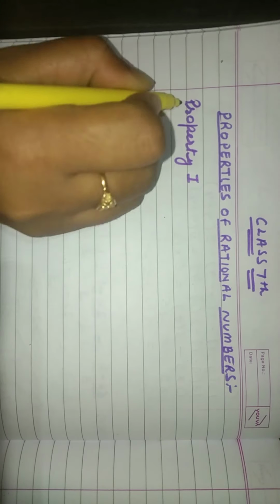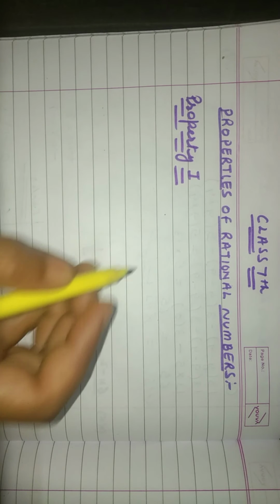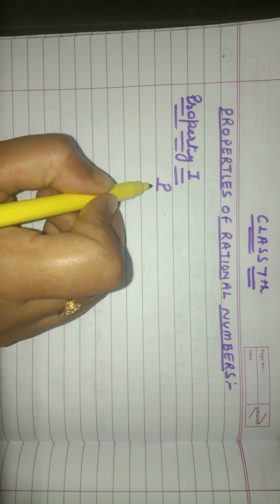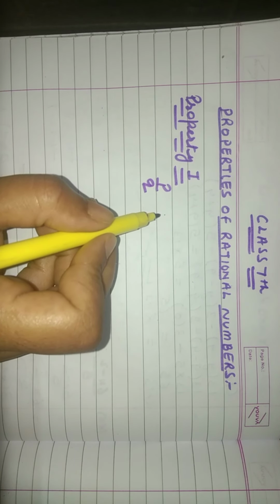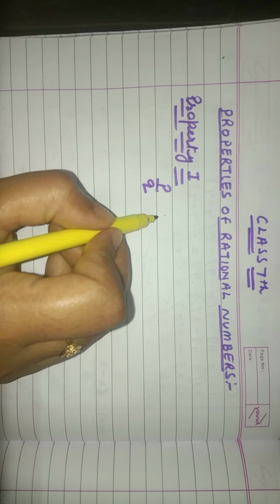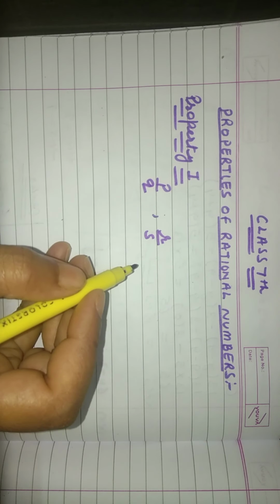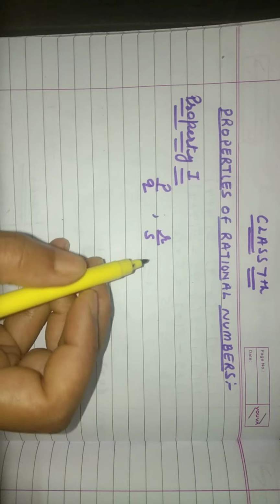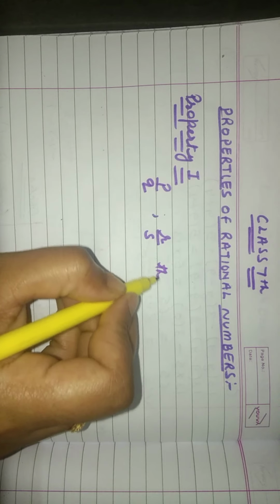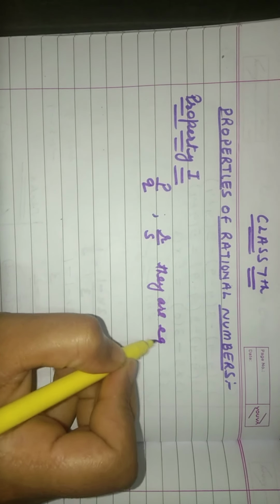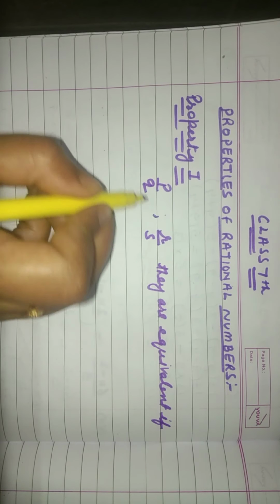The first property of rational numbers is that if P upon Q is a rational number, and R upon S is also a rational number, then they are said to be equivalent if their cross multiplication is equal.